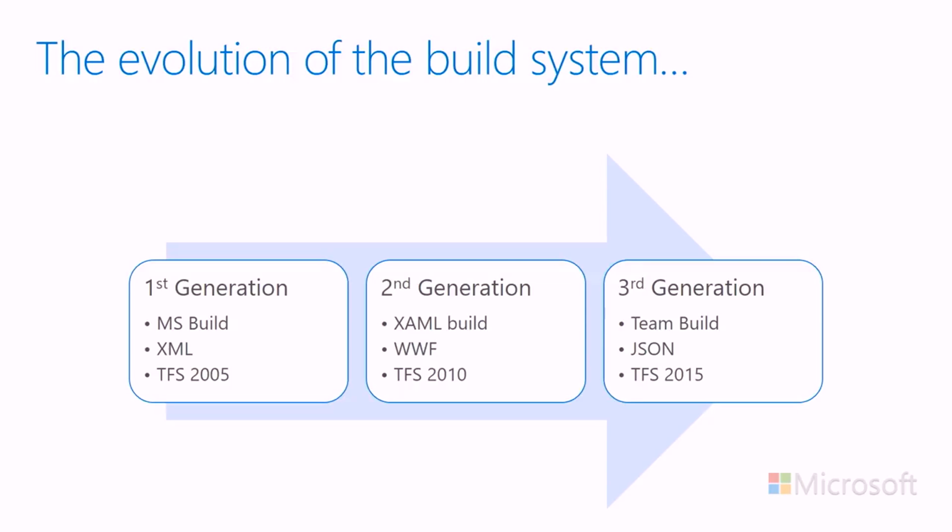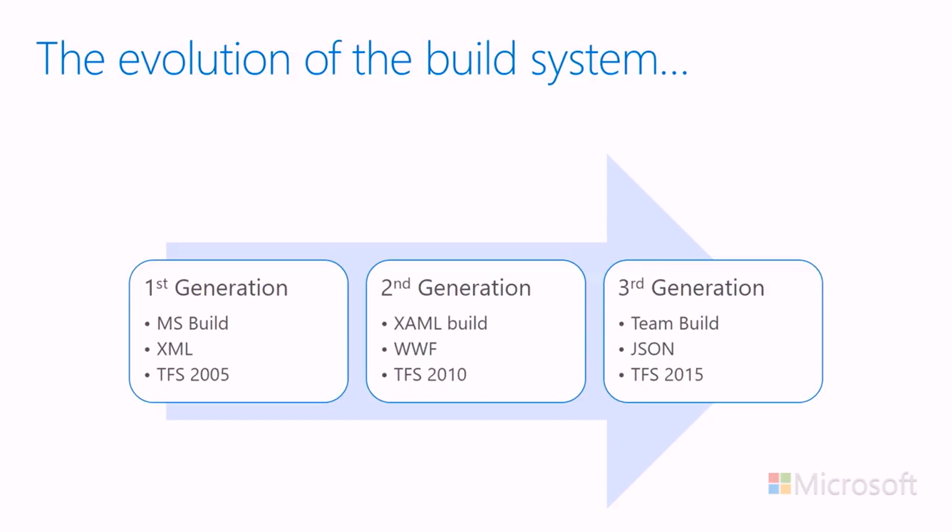Team Build is an extensible task-based execution system with a very rich web interface that allows you to author, queue, and monitor builds. It's fully cross-platform with the underlying agents being open source as well. They can natively run on Windows, Linux, Mac.